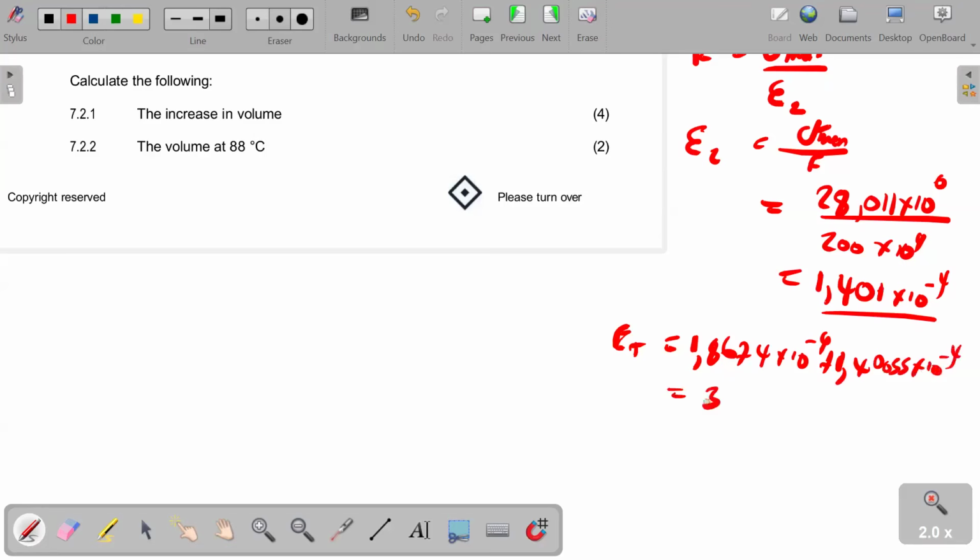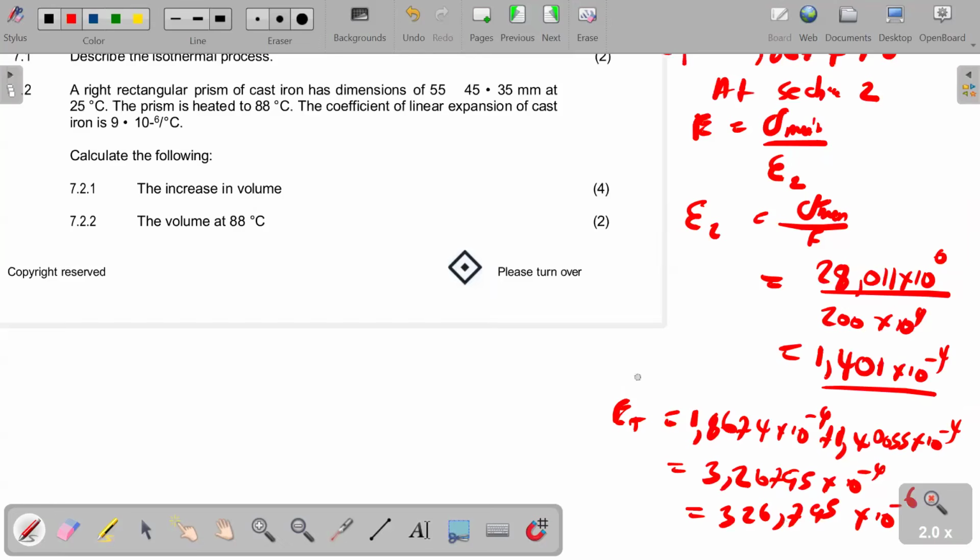And that in turn gives us 3.267 times 10 to the power of -4. Or we can write as 326.795 times 10 to the power of -6, will still be correct. That marks the total.